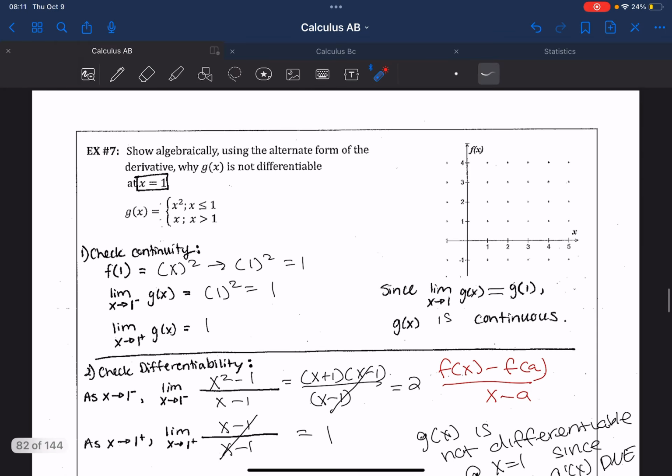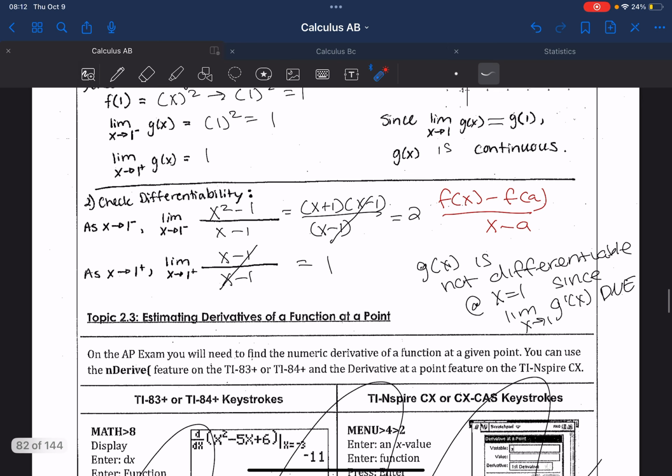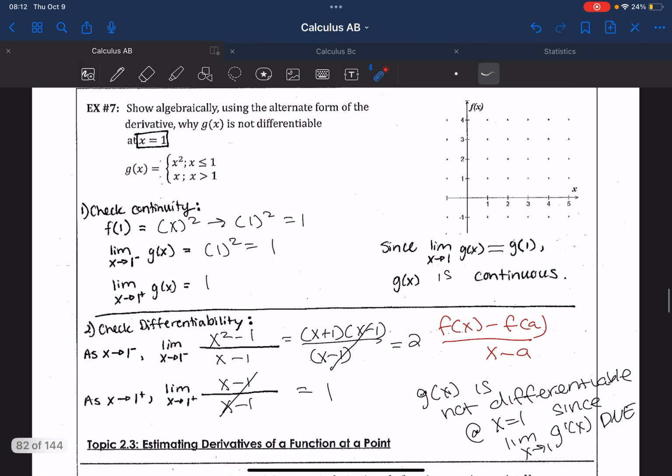Okay, we have another example here where we are checking if this is differentiable or not differentiable. So notice in our first step, we have to check if it's continuous. We prove that it's continuous. In order to move on to differentiable, the continuous one has to be true.